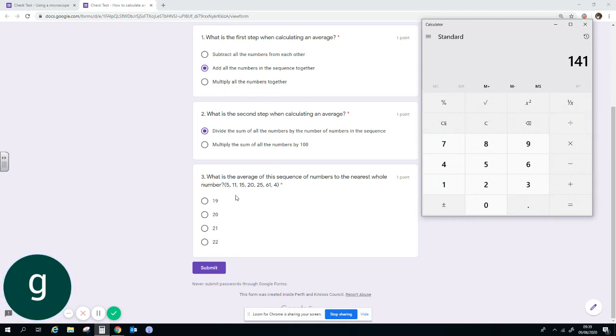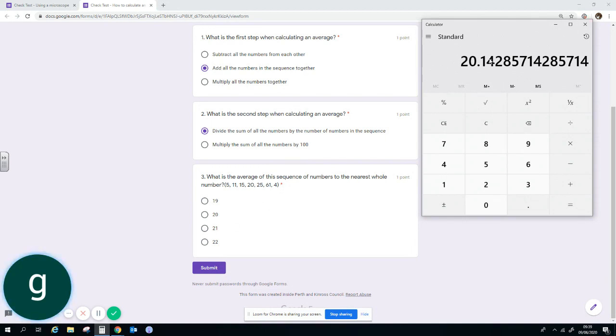So we summed them. We divide by how many numbers we summed together. So 1, 2, 3, 4, 5, 6. We summed 7 numbers together. And that gives you, that was wrong there, 20.14. Now, that's not one of the answers, so we have to look at that.